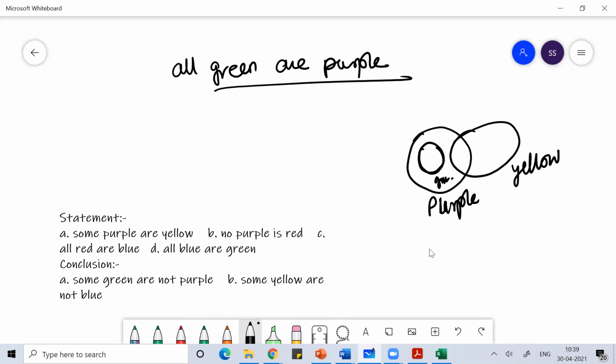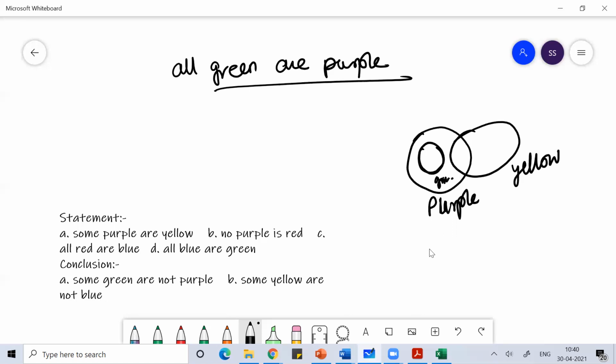All green are purple. Inside green you have... but purple and red cannot be together, right? No purple is red. Because all red are blue and all blue are green, all red are green.